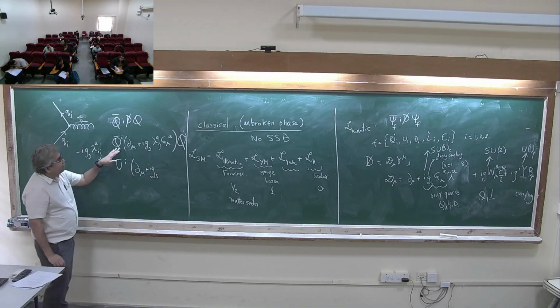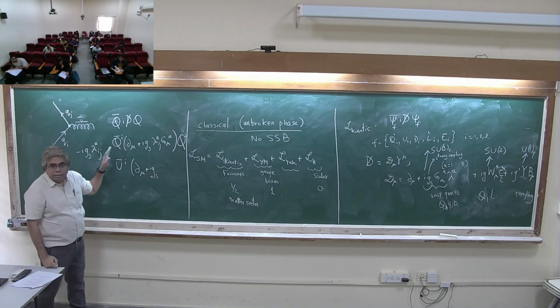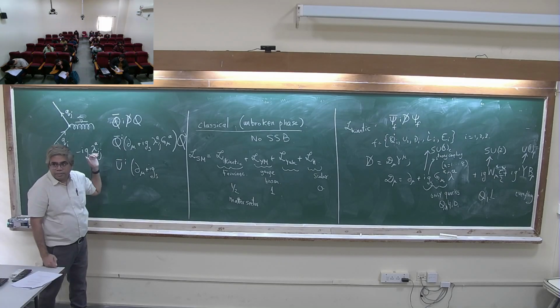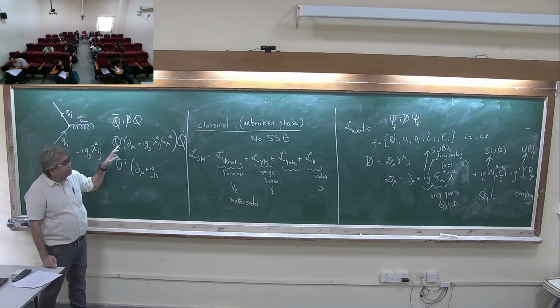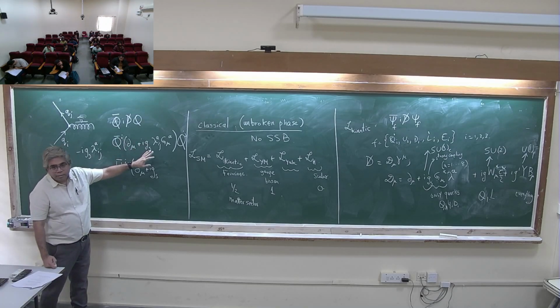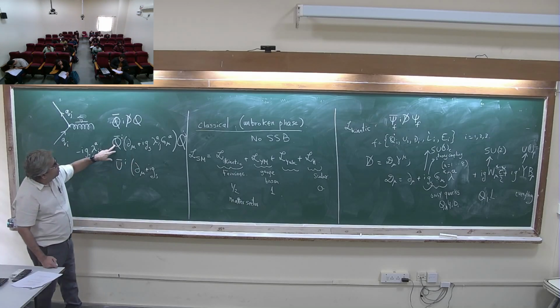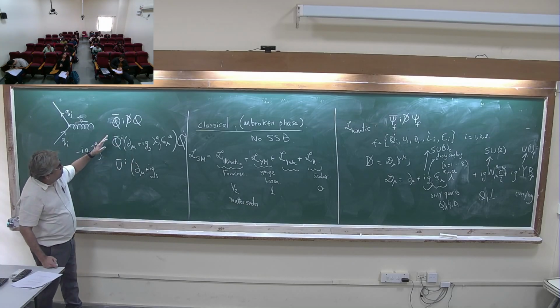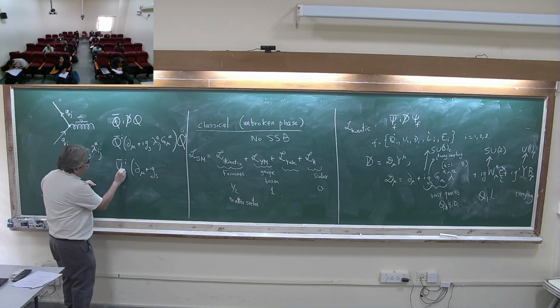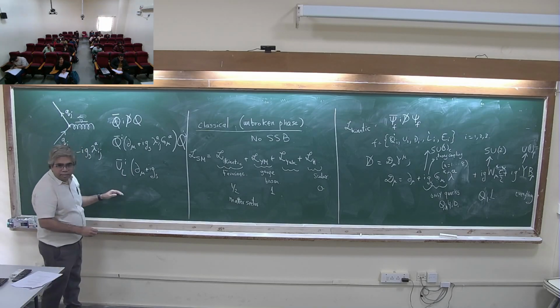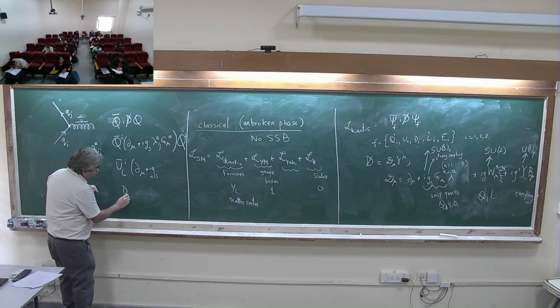Now this is not written in SU2 space. Remember, this is written in color space, SU3 space. This i and j are in color space. Just write them the same for UL and DL. It's the same for UL and DL.